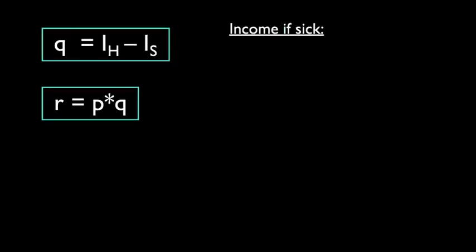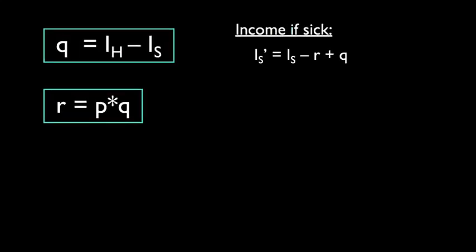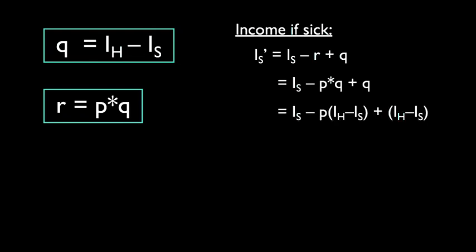Okay, now what happens to the person if they get sick? If they get sick and they have this insurance contract, their income will be IS minus R plus Q. From this, we can take the R that we solved as being equal to P times Q, and wherever we see an R, we can just plug in P times Q. Then we can take the Q that we just solved as being equal to IH minus IS, and wherever we see a Q, we can just plug in IH minus IS.